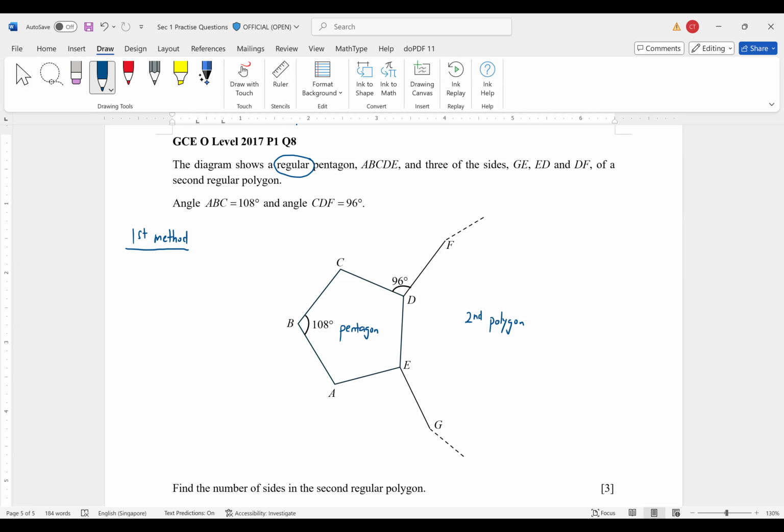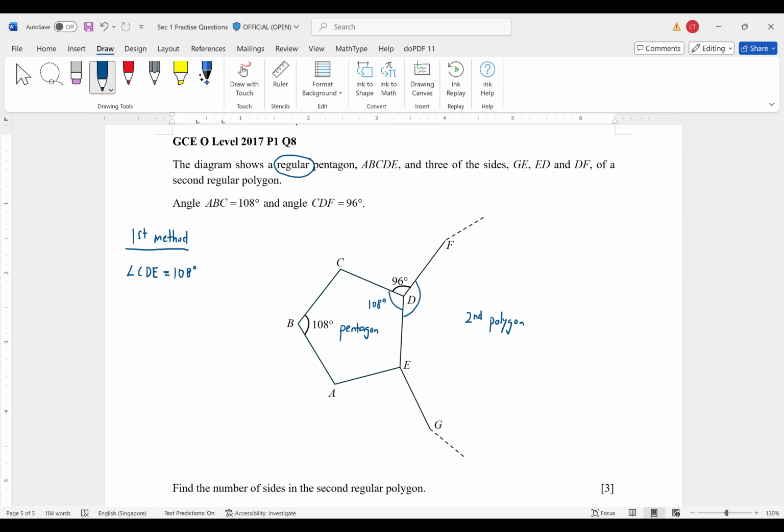Because it's a regular one, all the interior angles are the same. So the interior angle over here, CDE, is going to be 108 degrees.